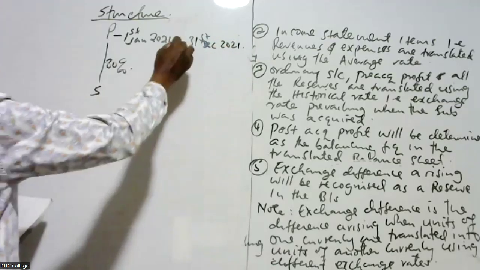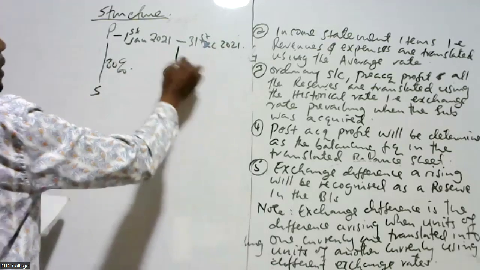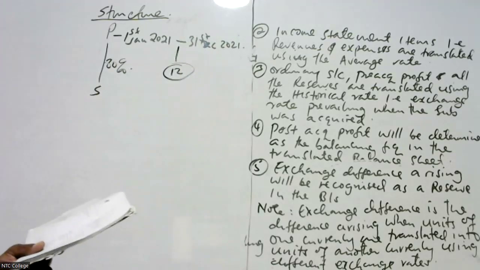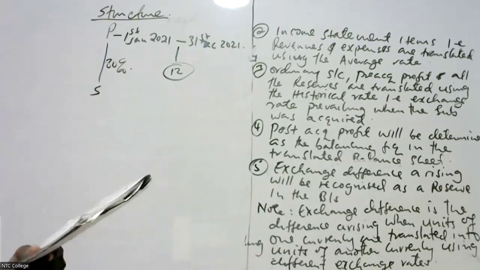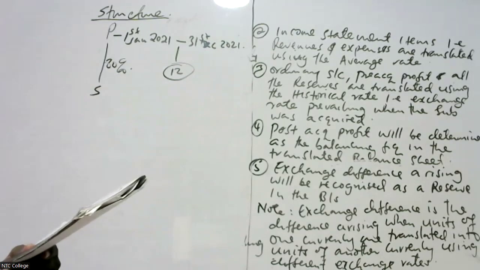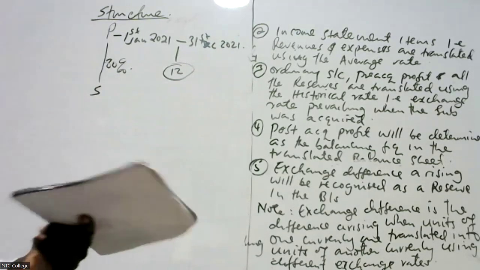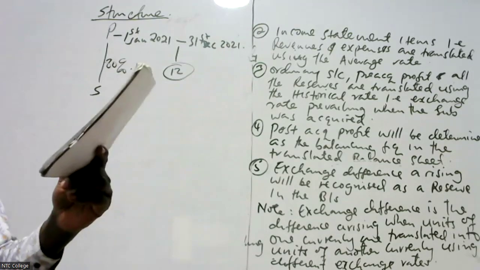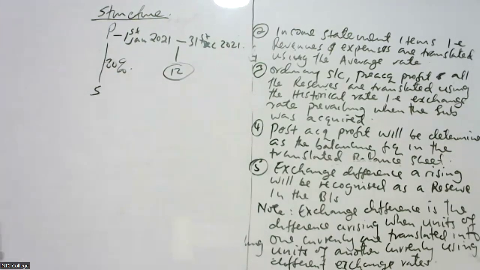Therefore, it means that this subsidiary was held for 12 months. In the income statement, we are not going to prorate revenues because it was there for 12 months. Our proration is 12 over 12. That is the structure. The first thing we say is the structure.